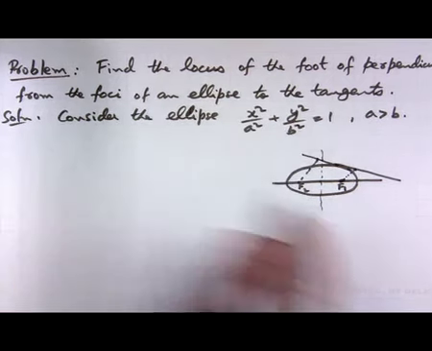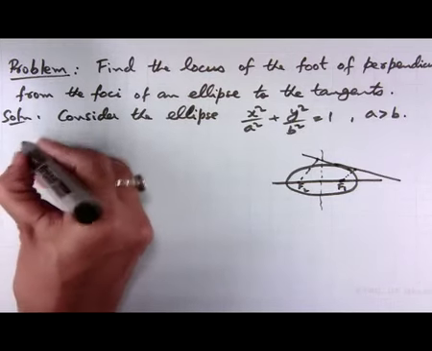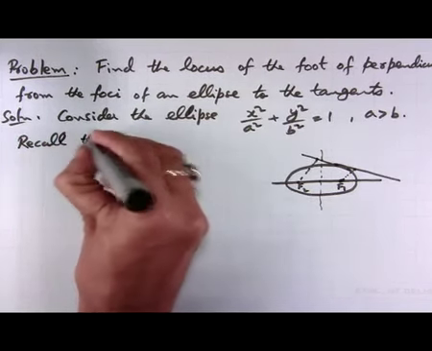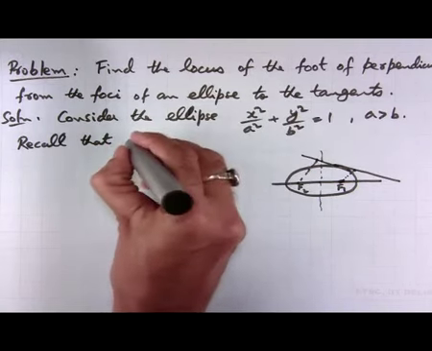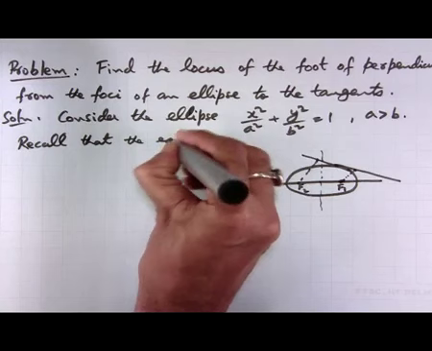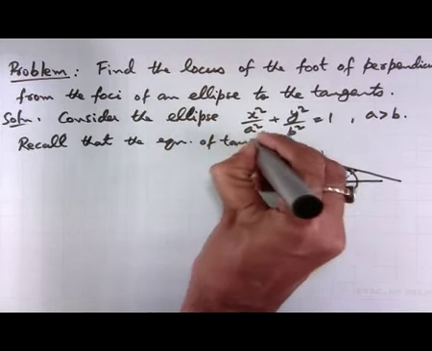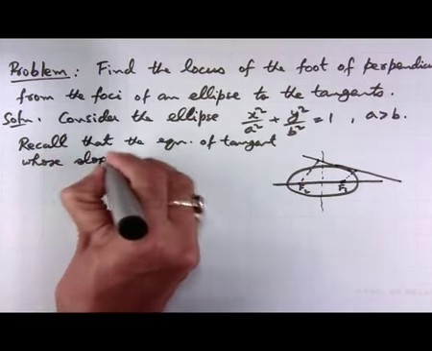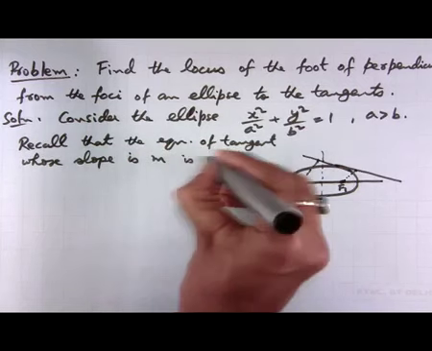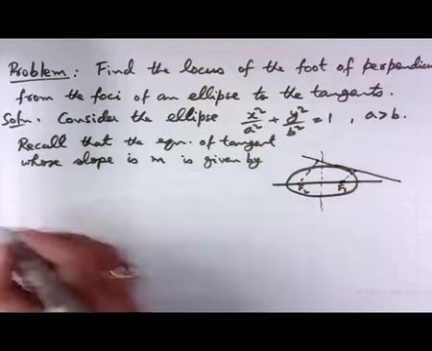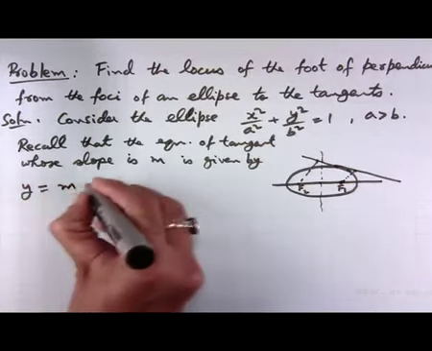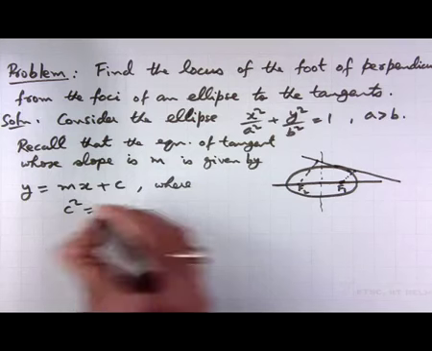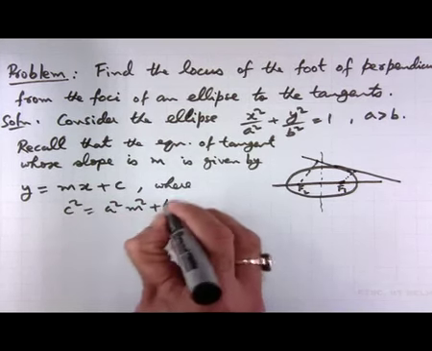So, we know the equation of tangent. Recall that the equation of tangent whose slope is m is given by y equal to m x plus c, where c square is a square m square plus b square.